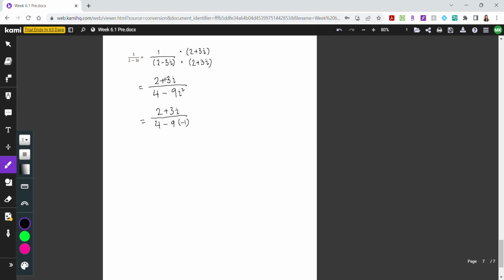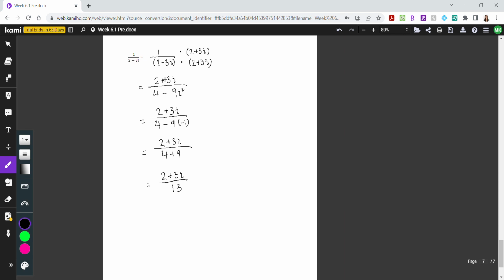Because i squared is equivalent to negative 1, I'm going to replace i squared with negative 1. Then we're going to group the like terms. We got 4 plus 9, and then this will finally give us our answer as 2 plus 3i over 13.